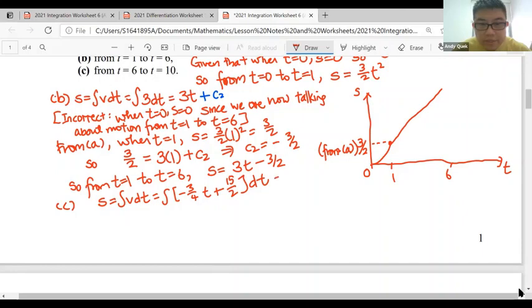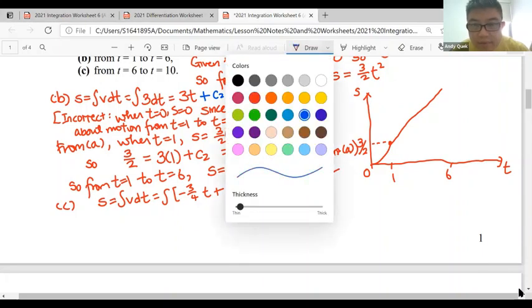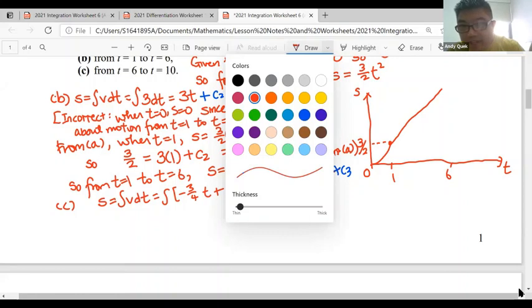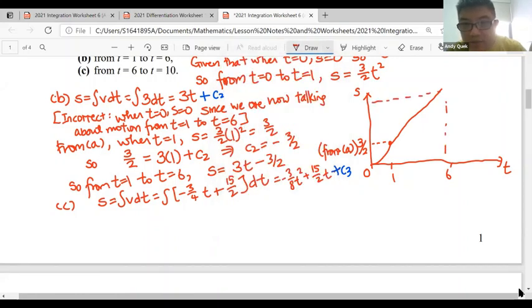So when you integrate this, you will get minus 3 over 8 t squared plus 15 over 2t, and I'm highlighting it, plus C3, the new arbitrary constant. But in order to find this arbitrary constant, actually I need the help of my answer from part 2, right? So what I need to know from part 2 is this point at t equals to 6, what is the s value?